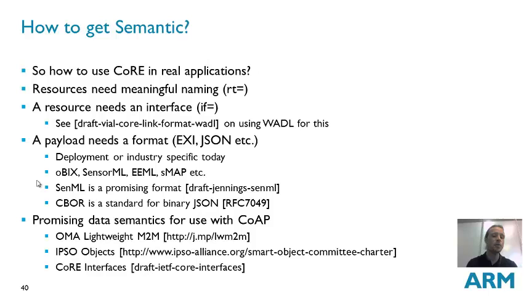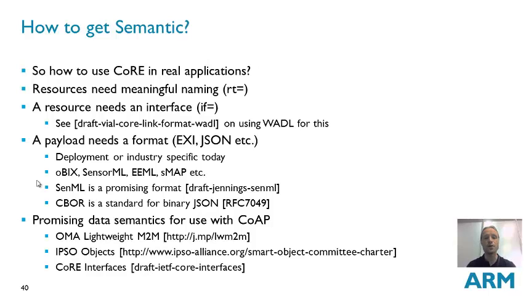We actually have recommendations on how to use these mechanisms we've designed into core link format. There's a draft about this called Core Interfaces in the IETF. There's also a recommendation on how to use the web application description language, even to define those REST interfaces. So those use different fields of the link format in order to indicate what those semantics are.